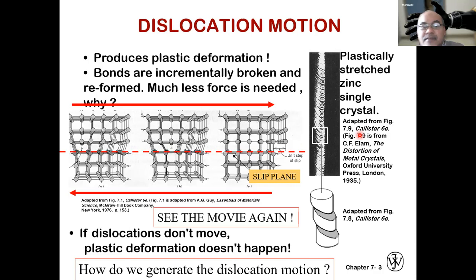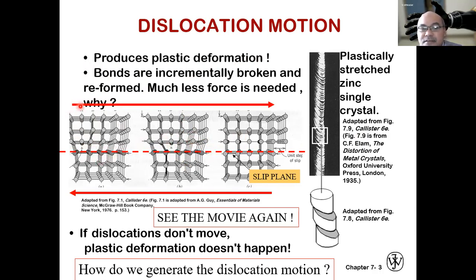The bonds are incrementally broken and then reformed. So like this, the bond here is broken and then forms at this plane. Then it moves further, this bond is broken and forms with this plane. So what we see is that the edge dislocation seems to be moving from left to right, while actually the bond between the planes is broken and then reformed to the left.